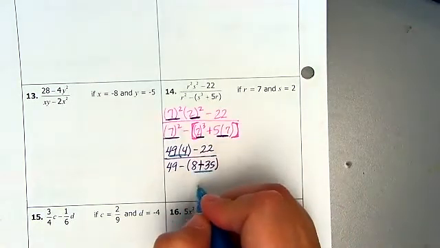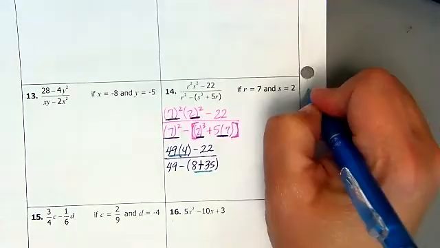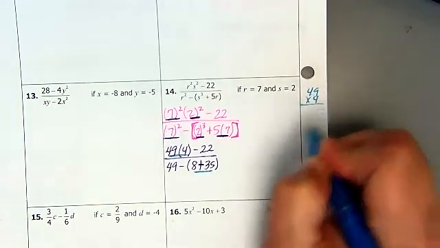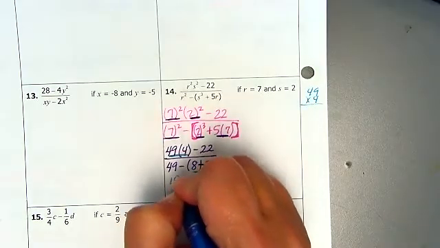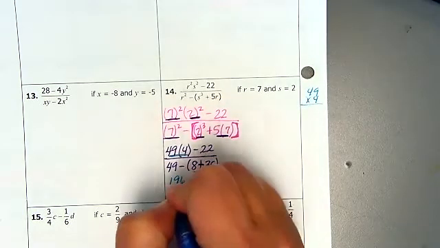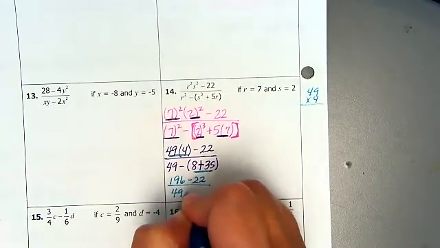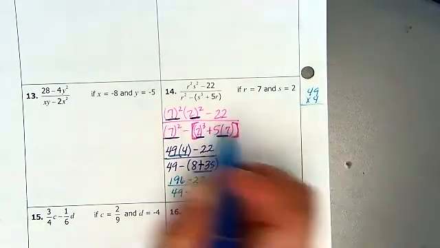All right, so 49 times 4. I'm going to do that math over here. And when I do that, we end up with 196 minus 22 all over 49 minus 43.